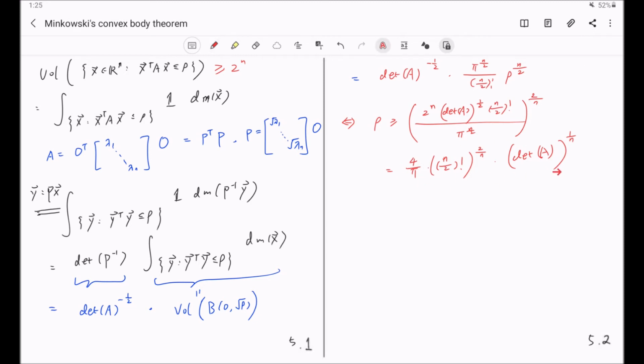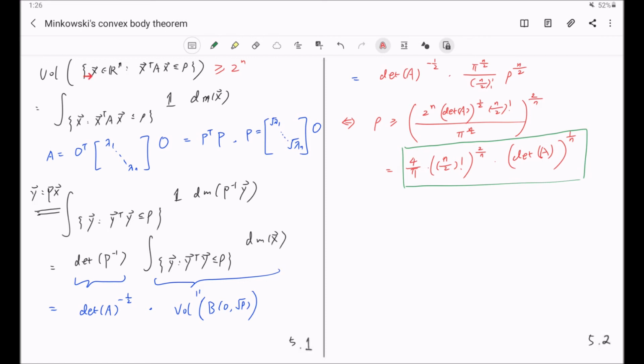This is your minimum choice for rho. It means that if you take the rho to be this guy, then the volume will be precisely equal to 2 raised to the power n.